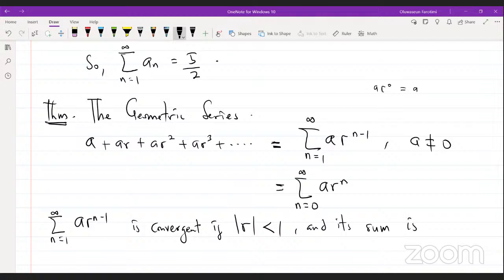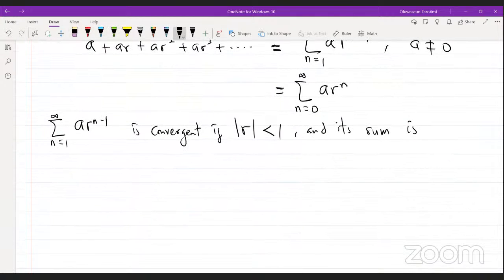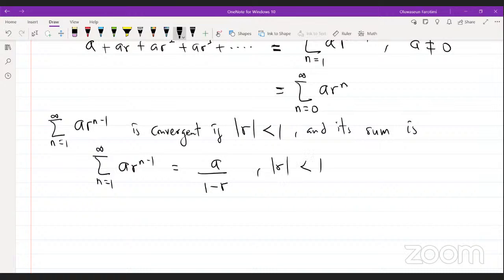A very easy example is if I tell you to sum 1 to 5: 1 plus 2 plus 3 plus 4 plus 5. That's the sum, the exact value. And the sum, with a sigma notation from n from 1 to infinity of ar to the n minus 1, is given by a divided by 1 minus r. Again, the caveat is that the absolute value of r has to be less than 1.